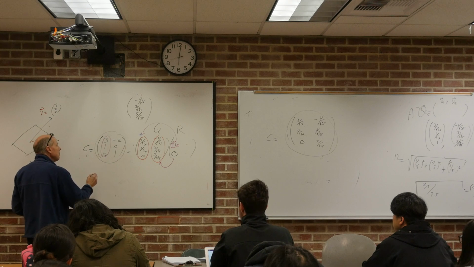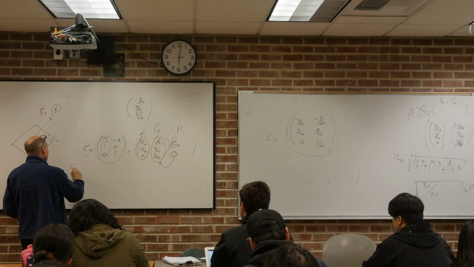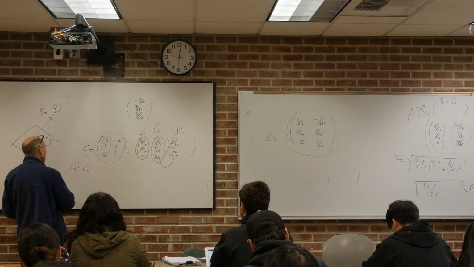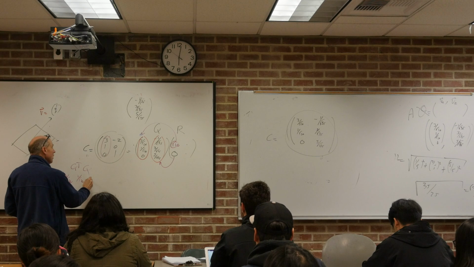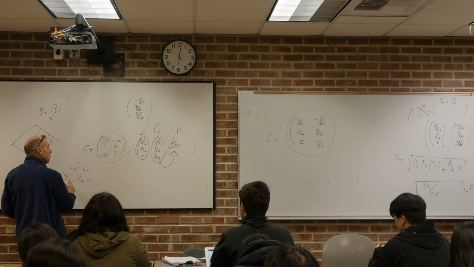Let's talk about it this way: Q transpose times Q. Remember, Q transpose is write the matrix sideways.